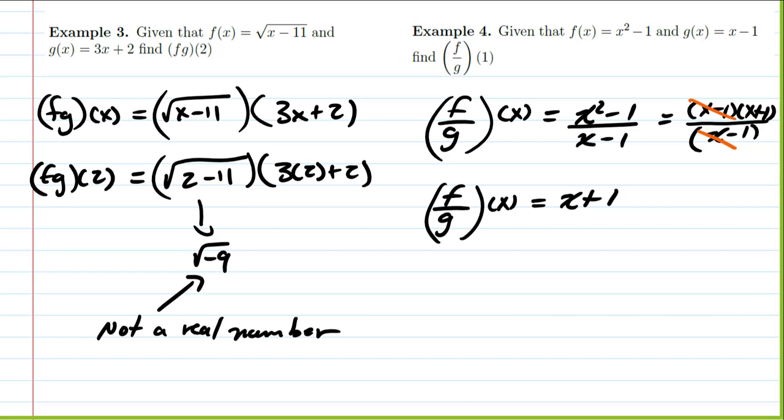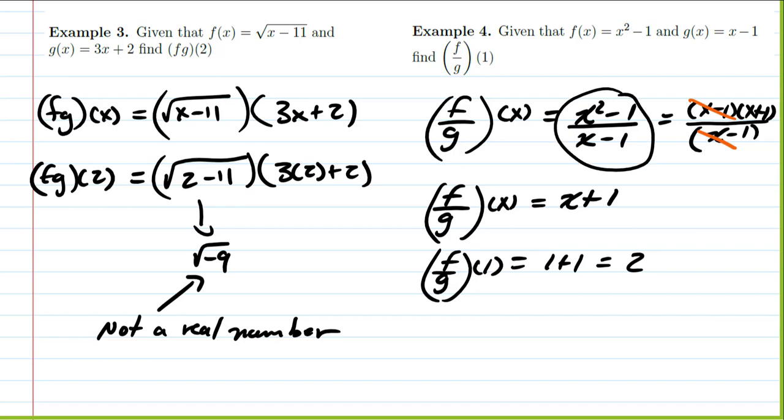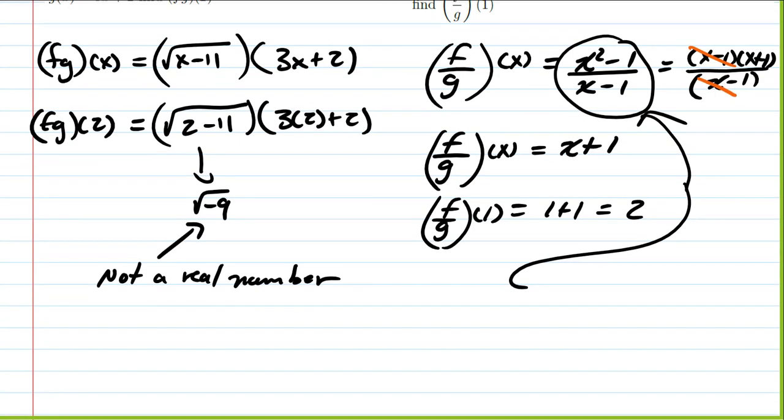And then we might think, oh, I can plug 1 into that function, f divided by g, and if I try to evaluate that at 1, I get 1 plus 1 is 2. But we have to be careful, because if we look at our original function before we simplify, what would happen if we tried to put 1 in? Well, we would get 1 minus 1 in the denominator, which is 0.